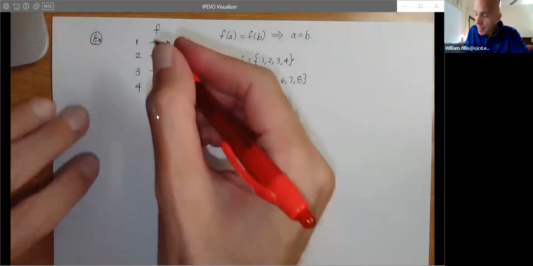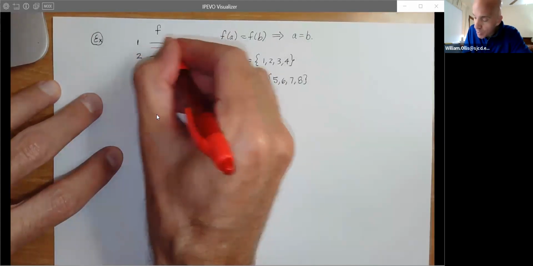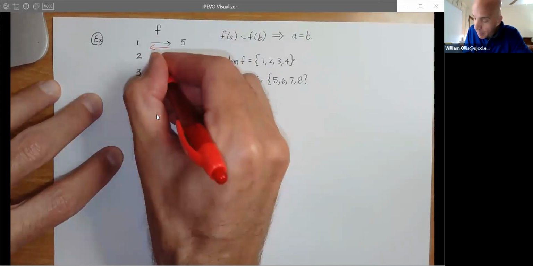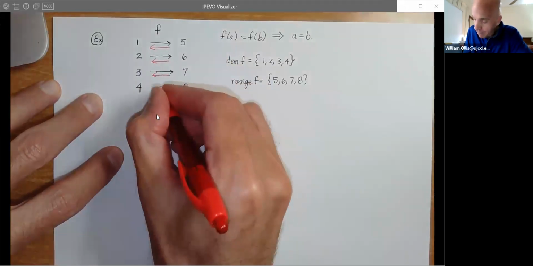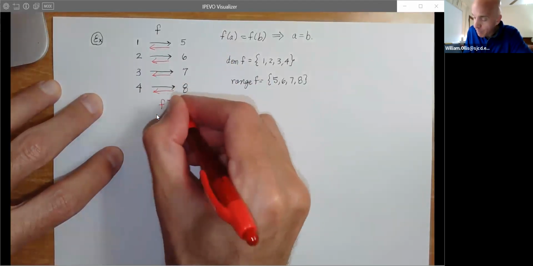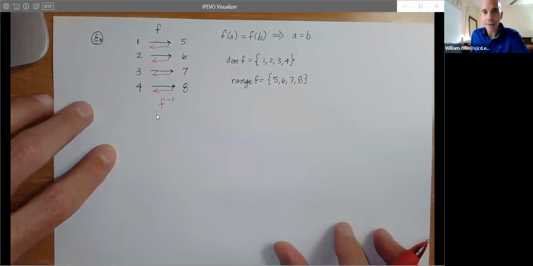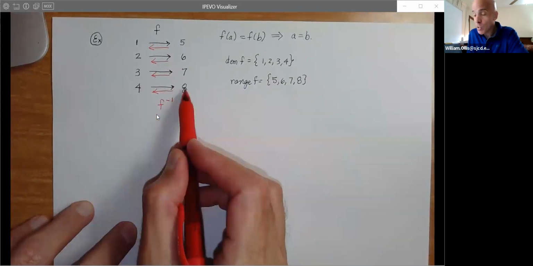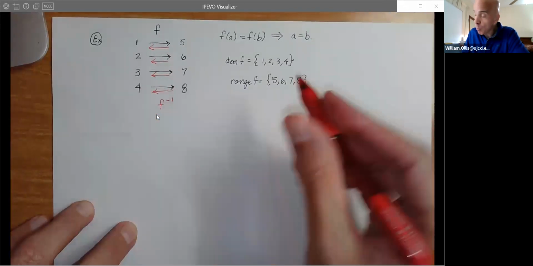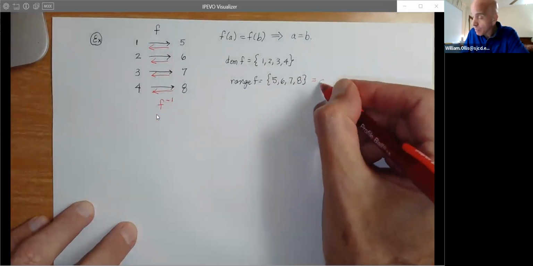So now let's do the reverse path. I'll do this in red, and we'll call this f inverse. So like I said before, the range of f now becomes the domain of f inverse.